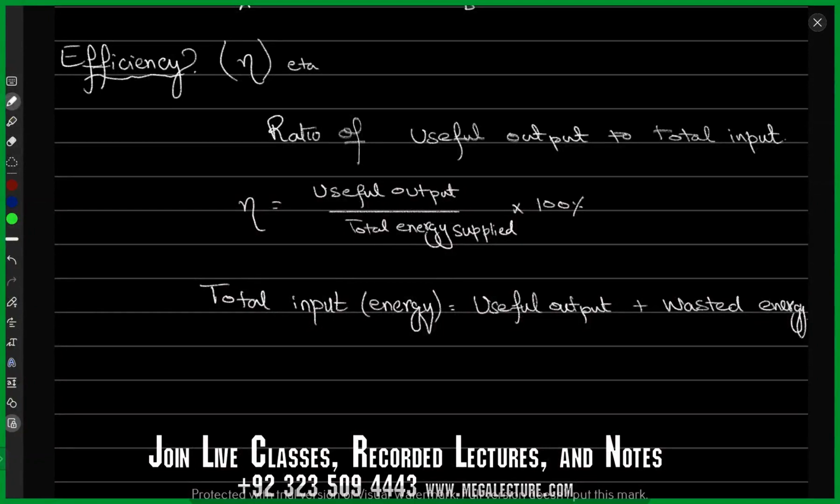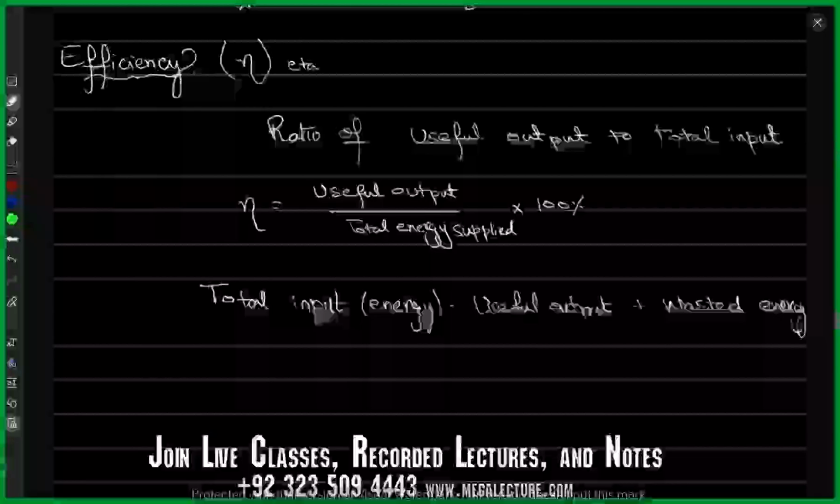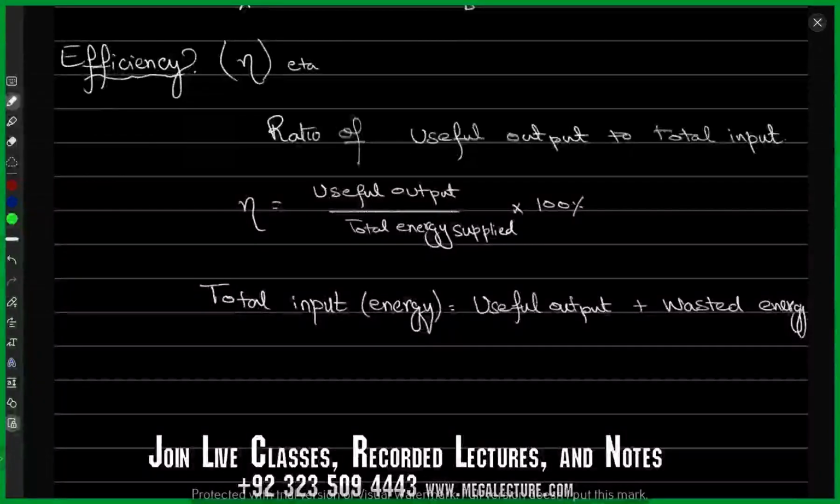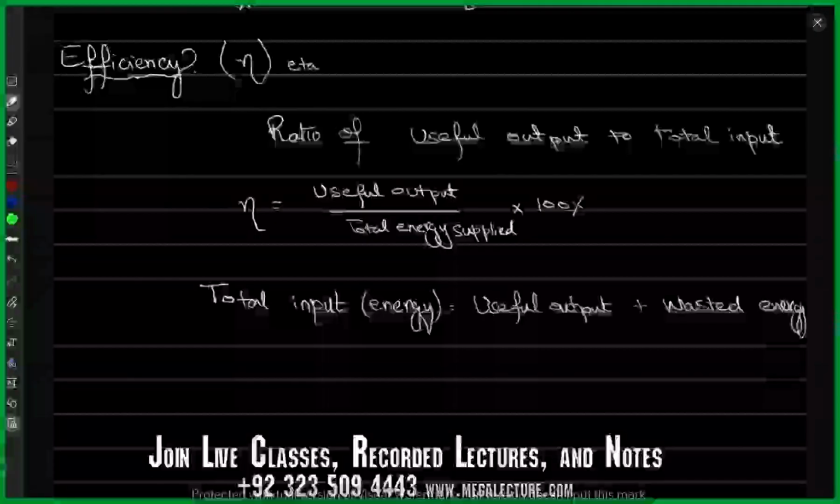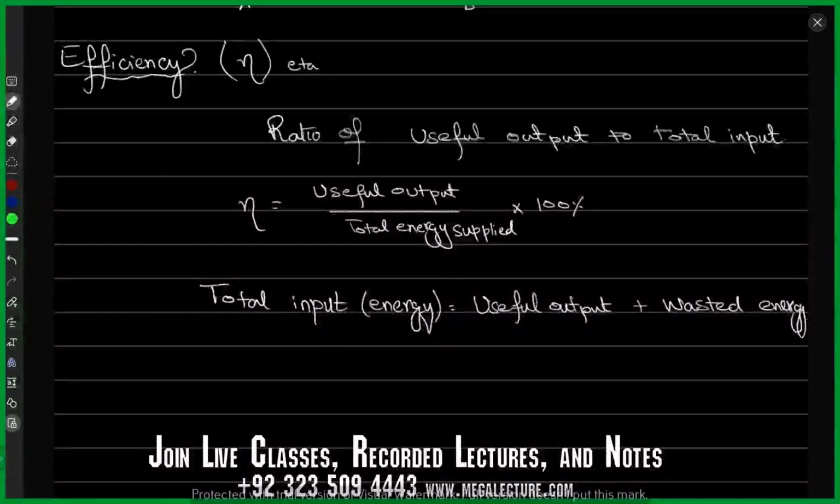The other will be wasted. So whenever you're designing a fuel tank for a car, these factors should be considered. So that's efficiency. Is that clear for everyone? Yes, clear.